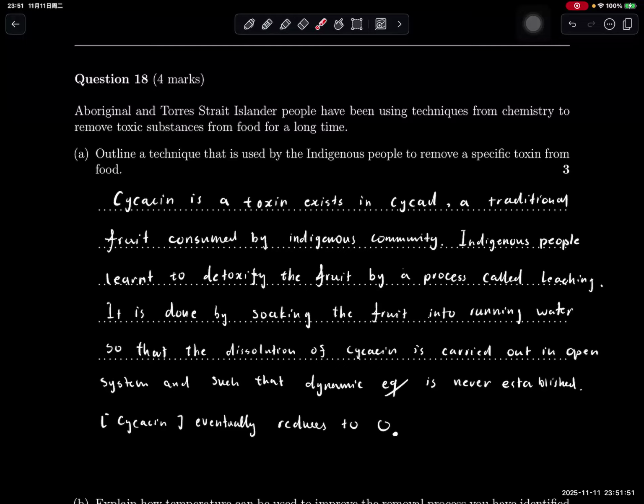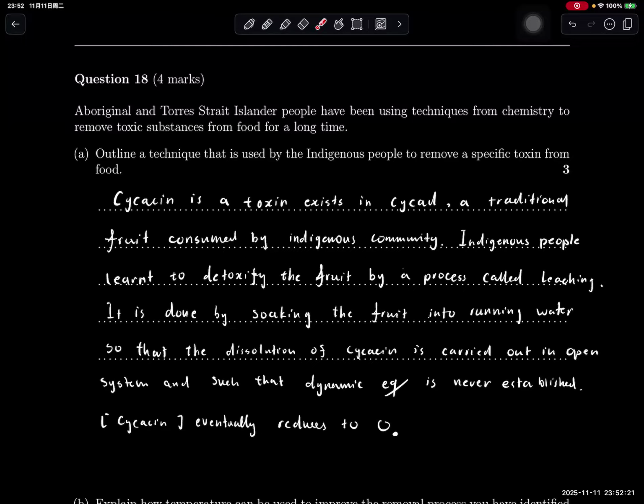Normally cycasin is not very water soluble, it doesn't want to dissolve in water, an organic compound. But in an open system, although it doesn't want to dissolve, it keeps dissolving, very slowly, but it keeps happening.